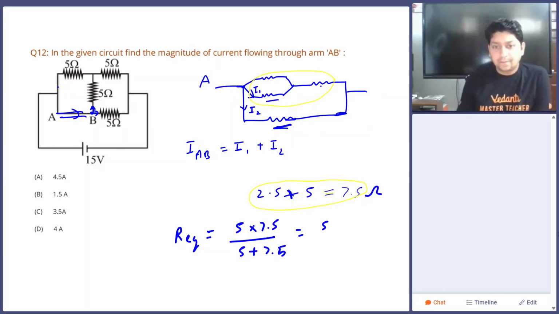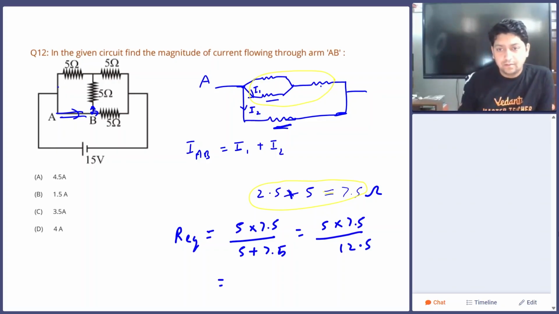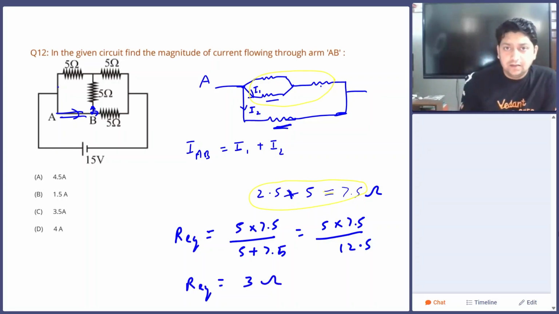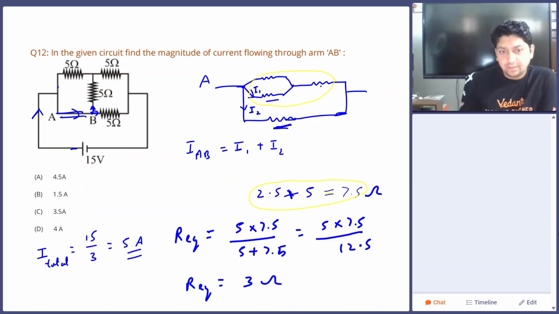So the equivalent resistance is 3 ohm, right? As the equivalent resistance is 3 ohm, the total current which will be leaving from the battery will be I total equal to 15 by 3, voltage upon resistance, that is 5 ampere, right?